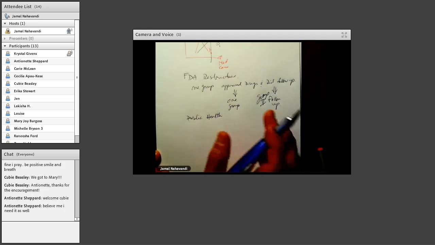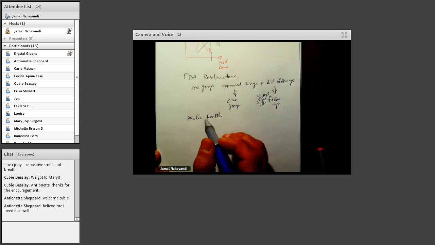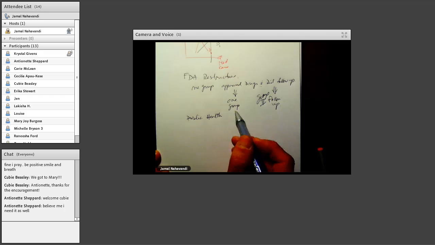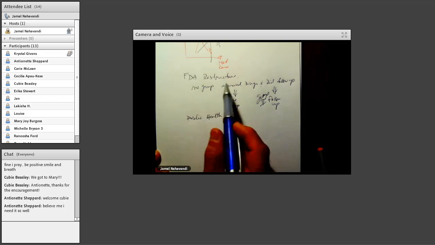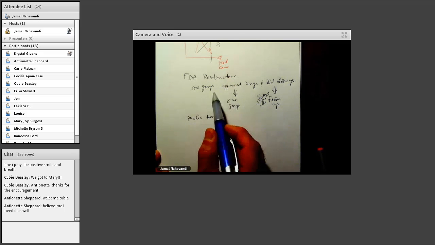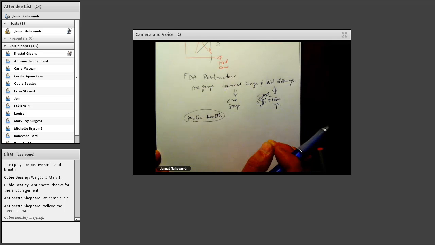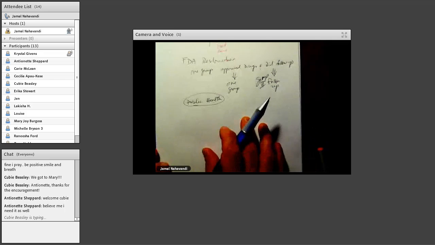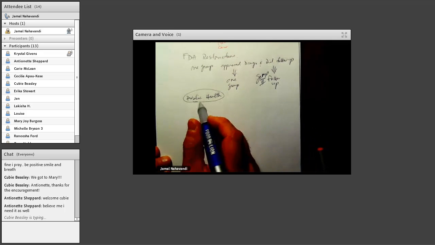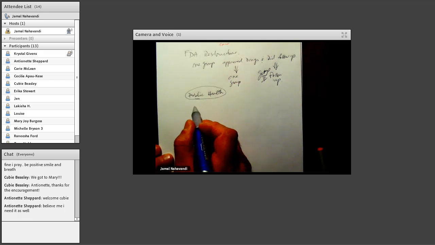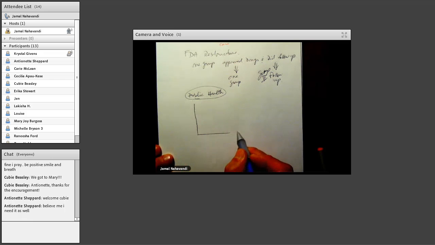The question reads: what will be the impact of FDA restructuring from one group to two on the market for public health? So read the question very carefully in the exam. Don't invent new ideas. The product is public health because the exam question is asking you to look at it. So we have quantity of public health.